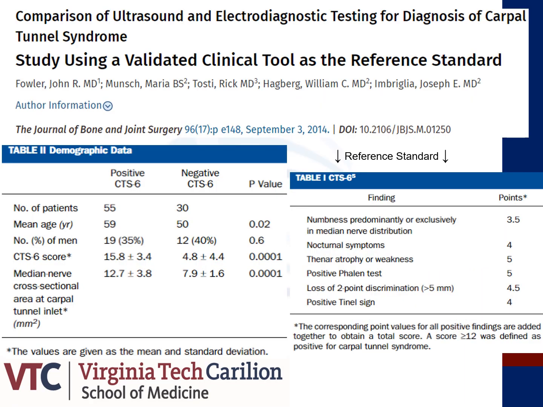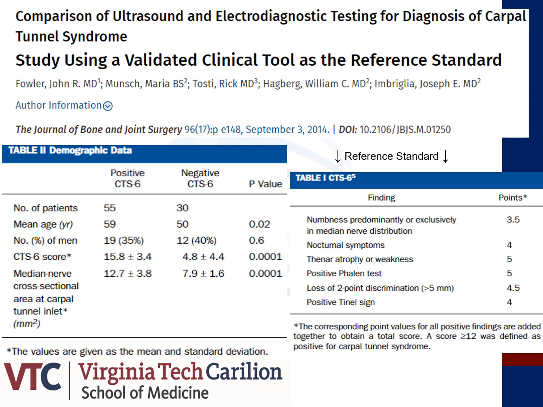This study compared ultrasound and electrodiagnostic testing for the diagnosis of carpal tunnel syndrome utilizing a validated clinical tool, the CTS-6. As you can see in the demographic data, they utilized the CTS-6 to distinguish whether the person had carpal tunnel syndrome based on that reference standard or not.